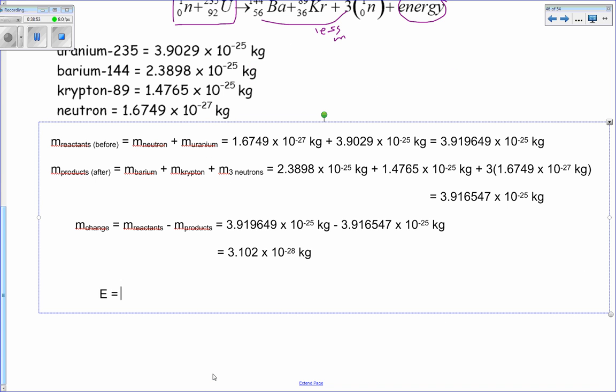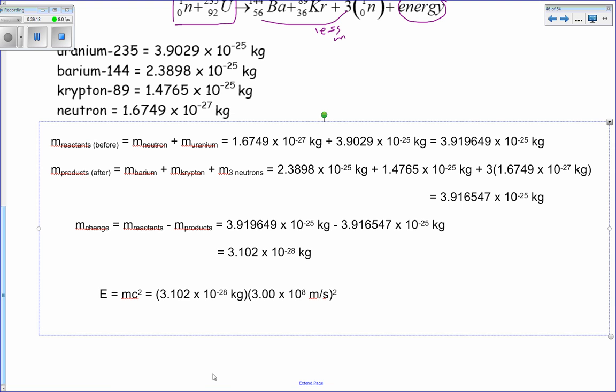So E is equal to mc squared, which is equal to 3.102 times 10 to the negative 28 kilograms times 3.00 times 10 to the 8 meters per second squared, which is equal to 2.79 times 10 to the negative 11 joules.